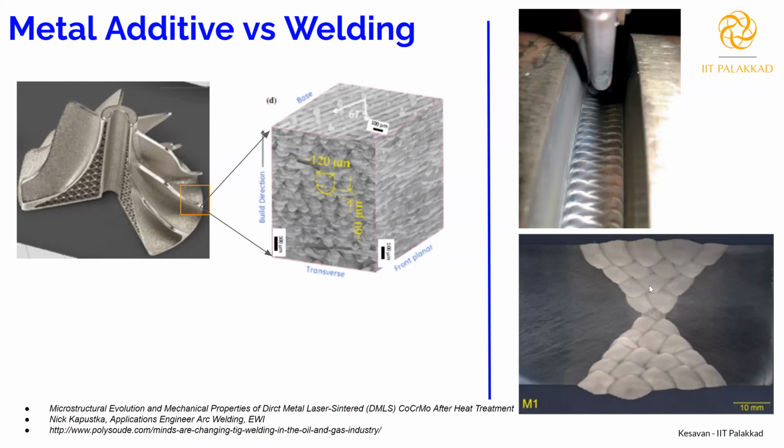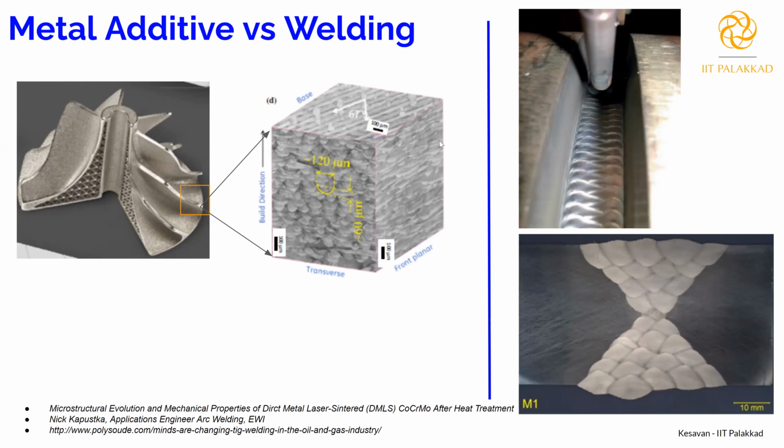In this case, can you term welding as an additive manufacturing process? If you look at the wire arc additive manufacturing process, that operates on the same principle. There you end up making a component by layer on layer construction. So you can call that process also an additive manufacturing process.